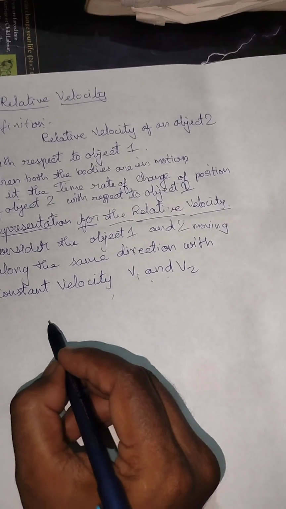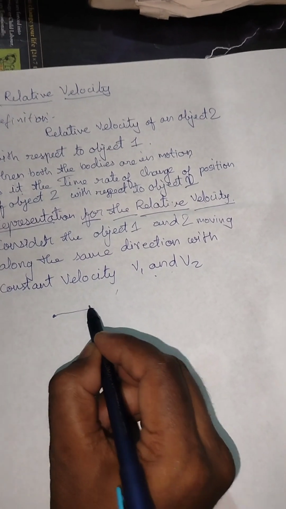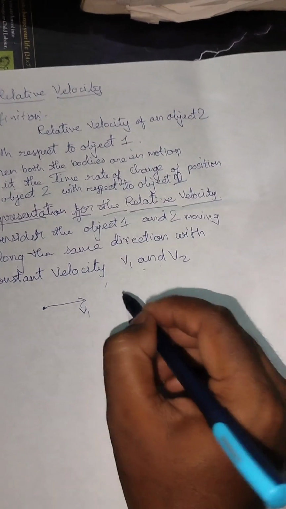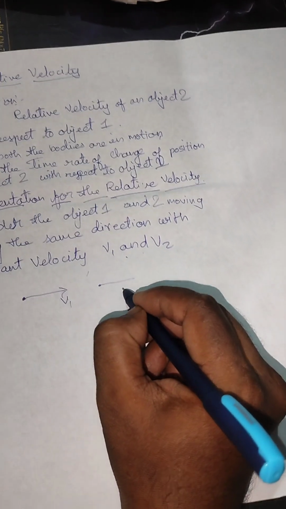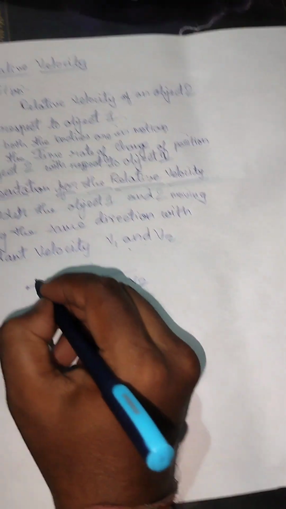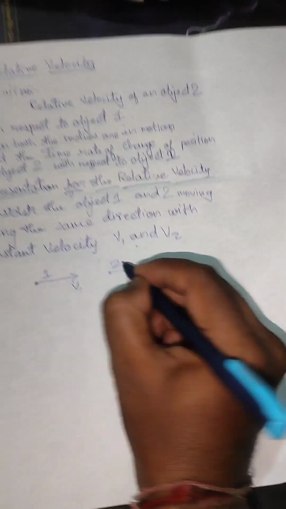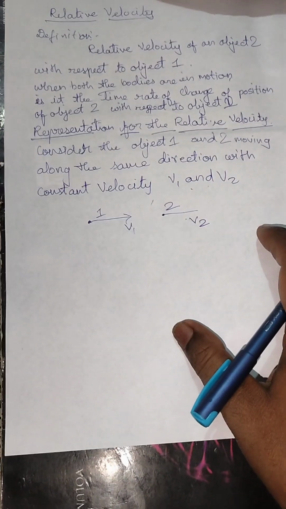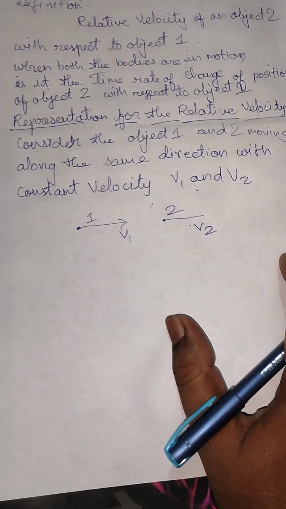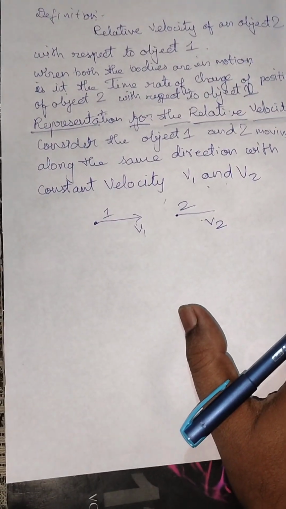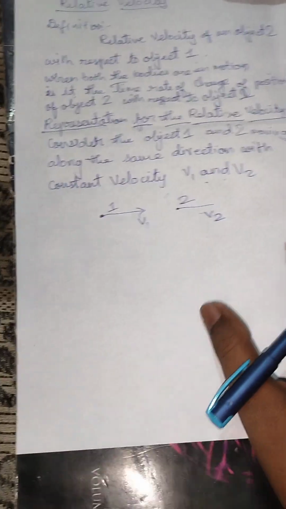I will consider this is my body 1 and it is moving with the velocity v1. This is body 2, moving with the velocity v2. Now I am going to consider the derivation of the relative velocity.